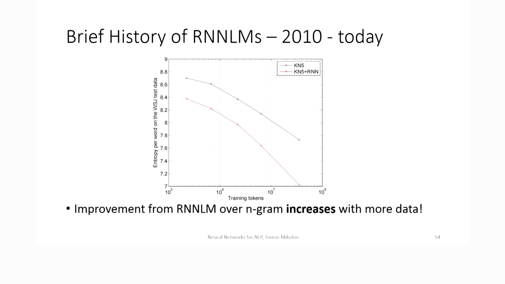Another reason why people got excited about these models was that it showed that with more training data, the difference between the neural networks and the n-grams is increasing. So you can actually be doing better and better as you are increasing the size of the data set. I think people nowadays do not find it surprising, but in 2010, it was completely the other way around.